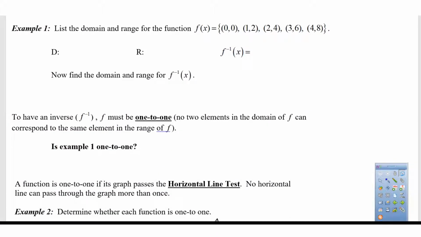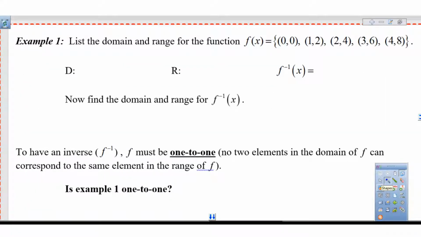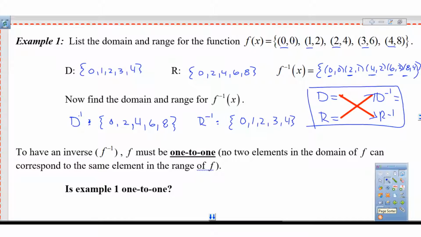In order for something to have an inverse, it has to be 1 to 1. I'm going to keep it right there. 1 to 1 means, let's write this down, no y values repeat.